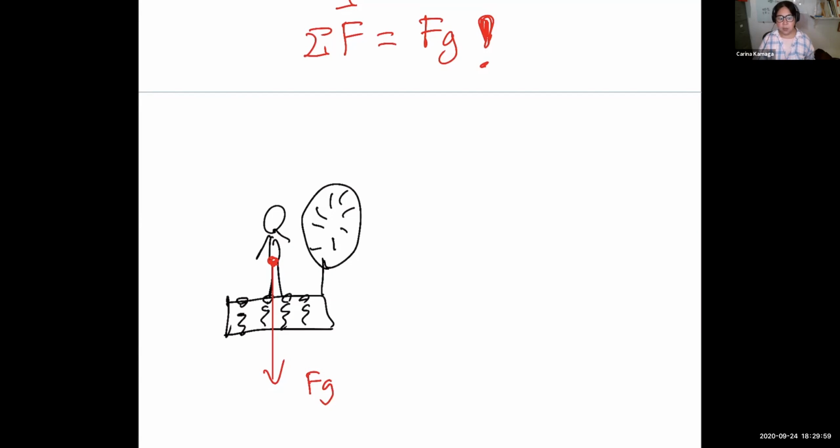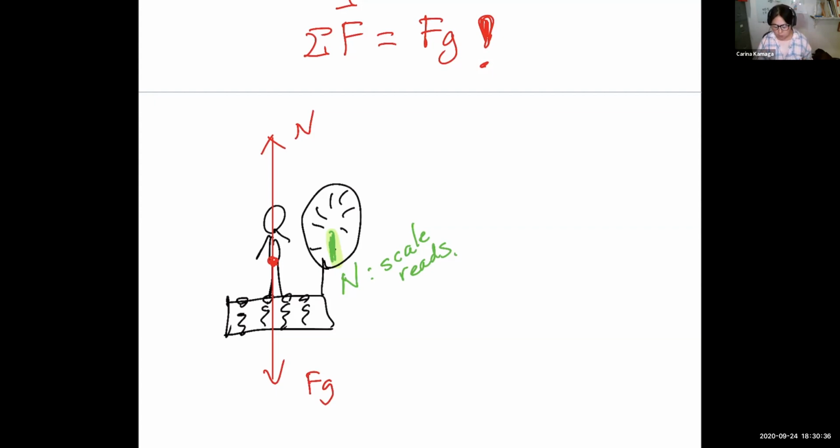So you push down, the scale is going to push you up perpendicular to the surface. That is the response force from the scale. So that is the normal force from the scale. This normal force is what the scale reads. It's the response force from the scale that is measuring your weight.